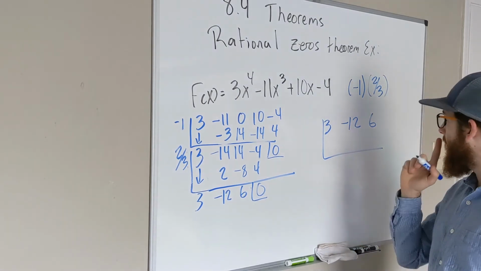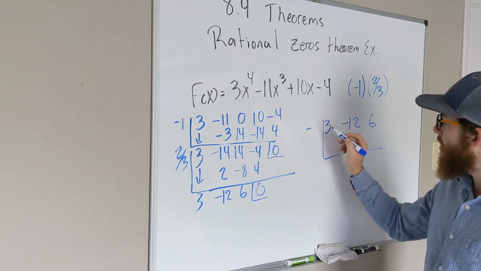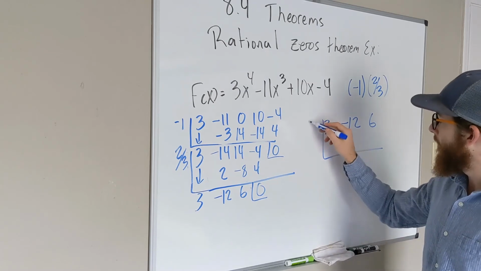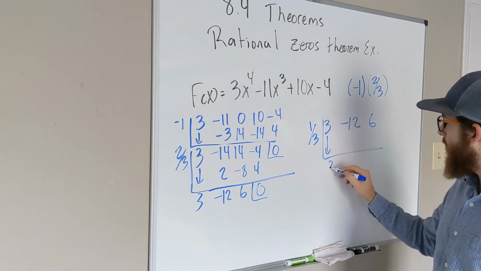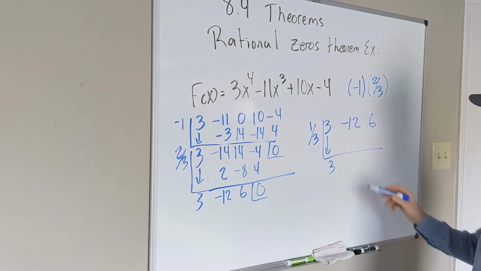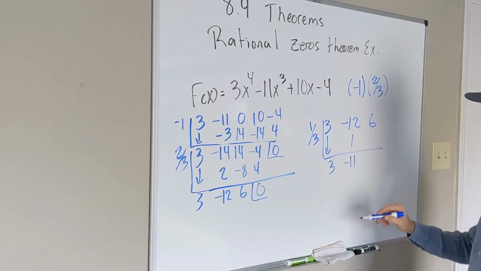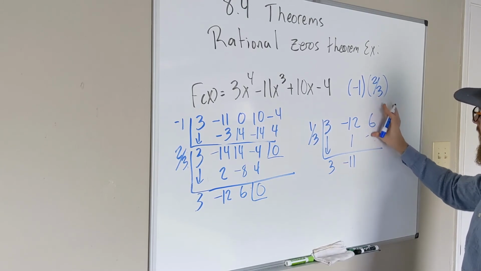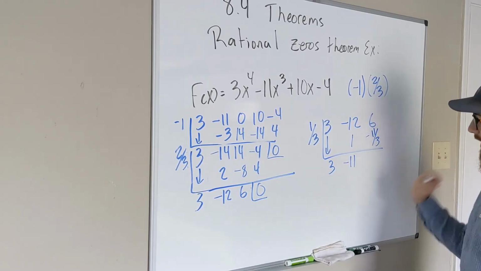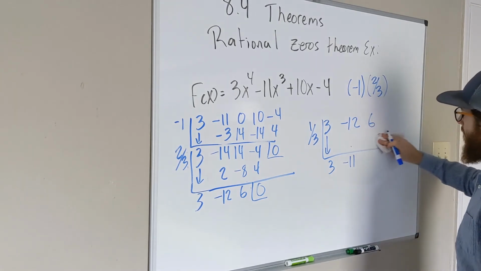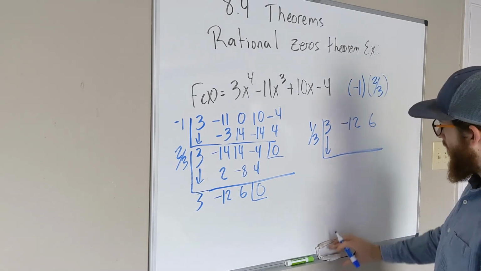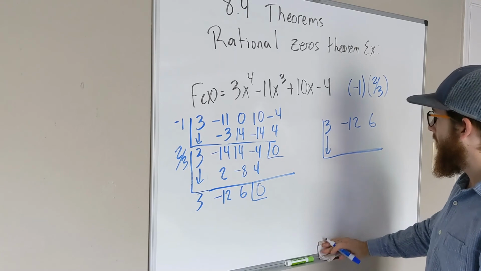So what other things have we not tried? How about 1/3? Let's just do 1/3 and see. 1/3, bring this down 3. That would be 1, negative 11. That's negative 11/3, and that doesn't cancel. Okay. Let's see. What about negative 1/3?